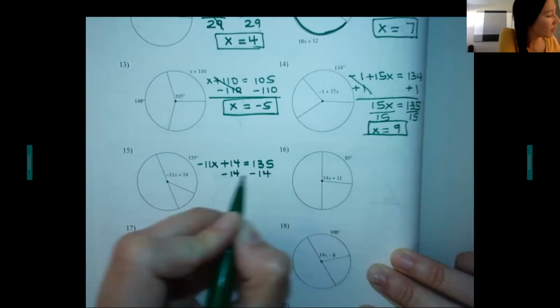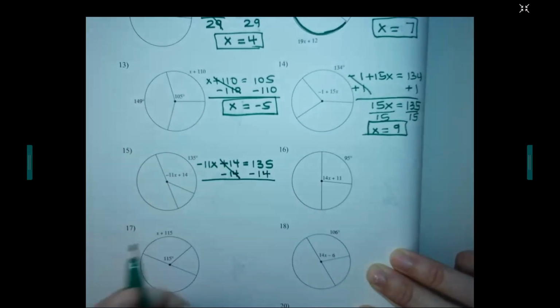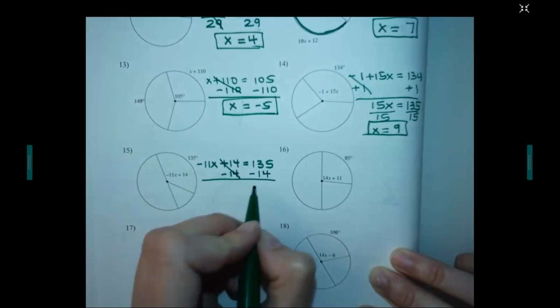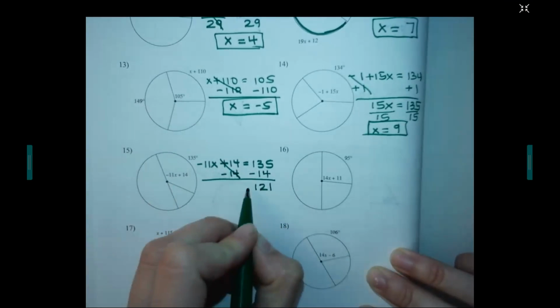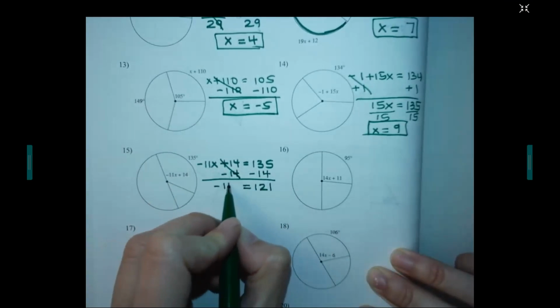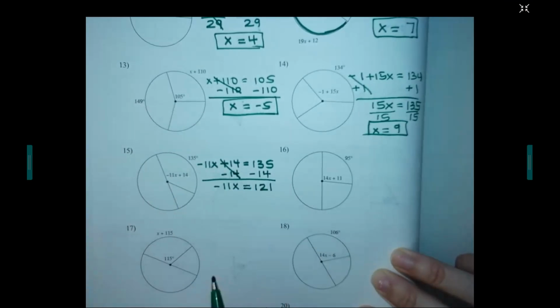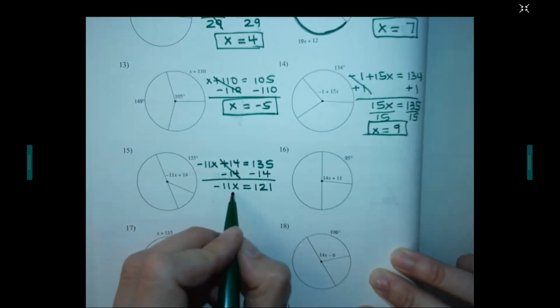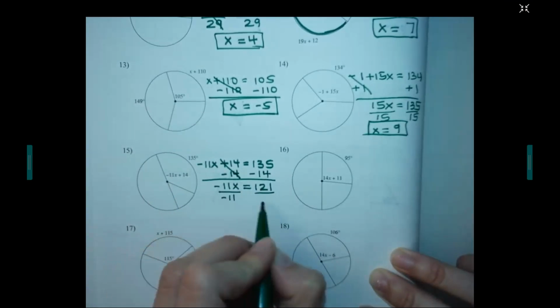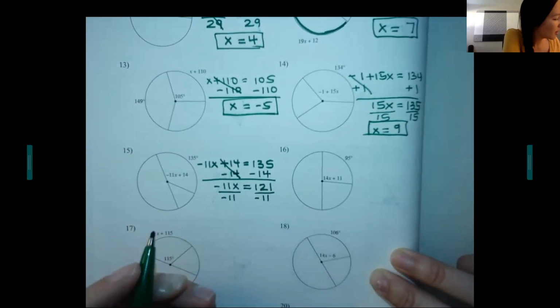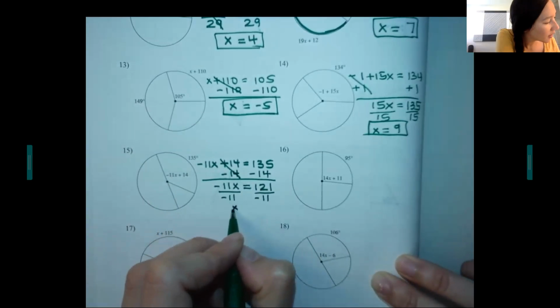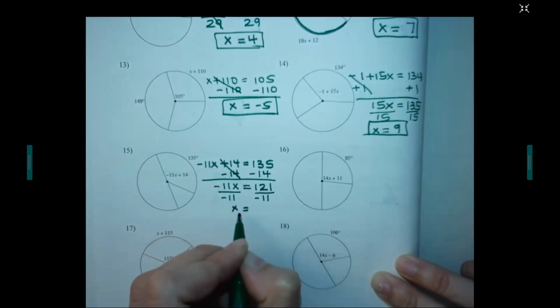Very good. And then I get 121. And then I divided both sides by 11. Okay, and then I get x equals 11.